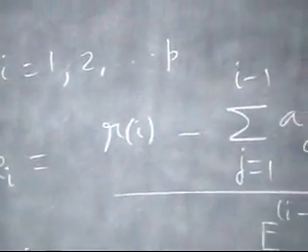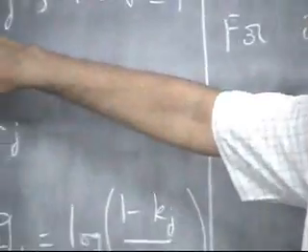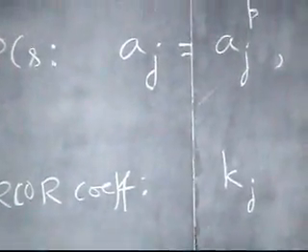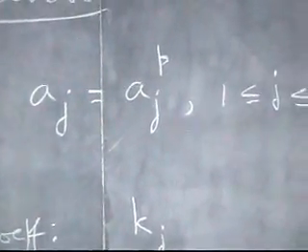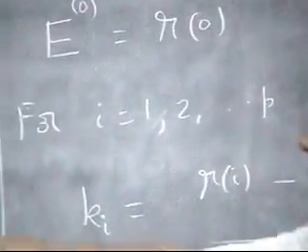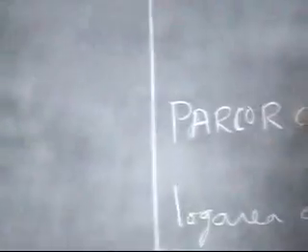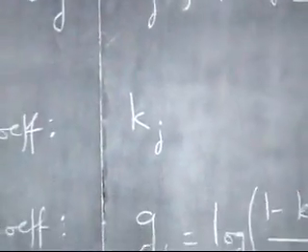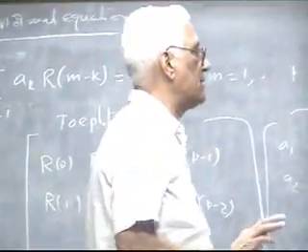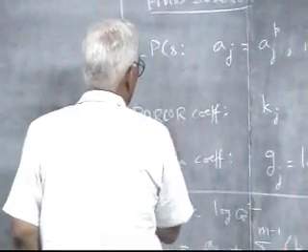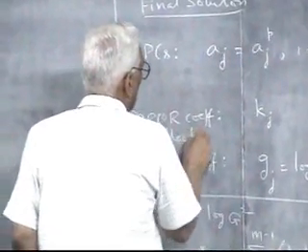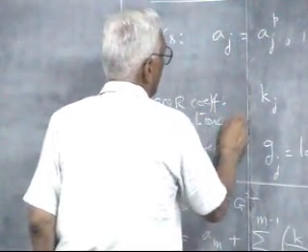And the a's, these are the linear predictor coefficients, and when you come out of this loop, you will also have k values, and those k values are called Parcor coefficients. Parcor means partial autocorrelation coefficients. Partial autocorrelation coefficients are Parcor coefficients. In fact, these are also called the reflection coefficients.